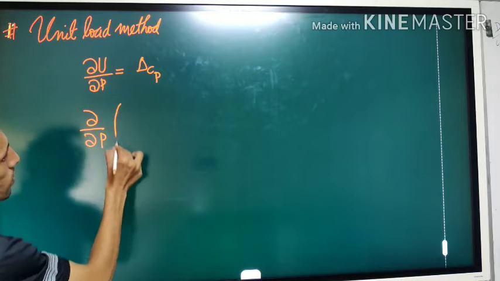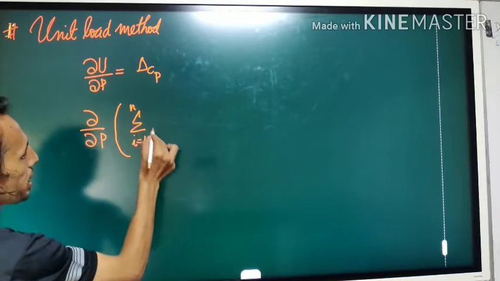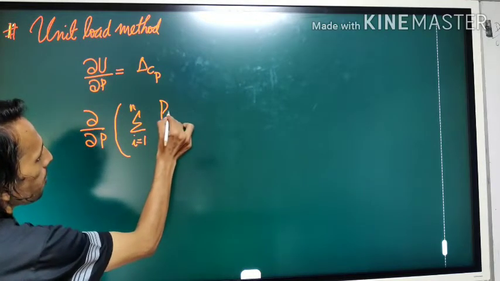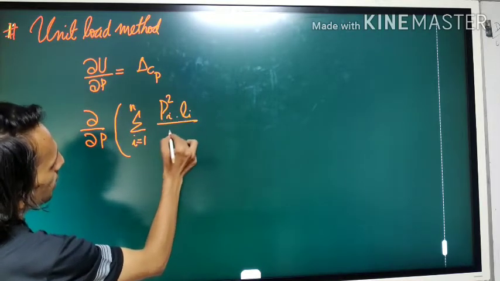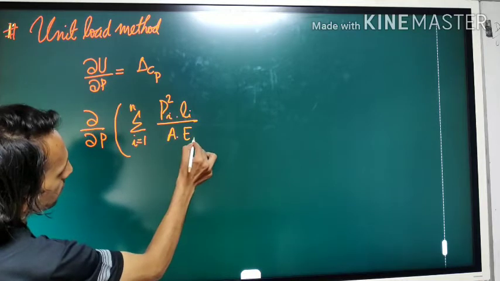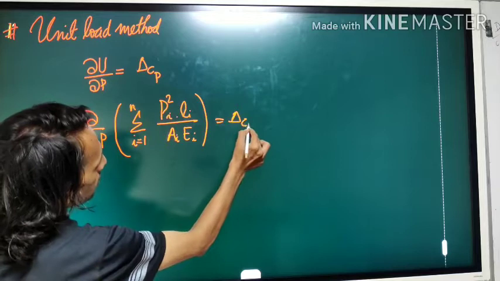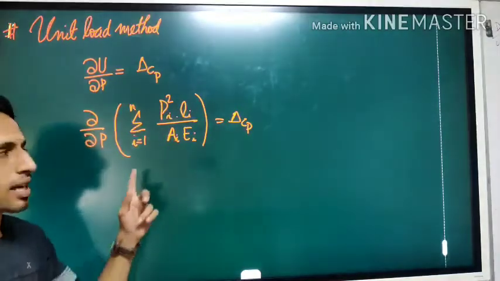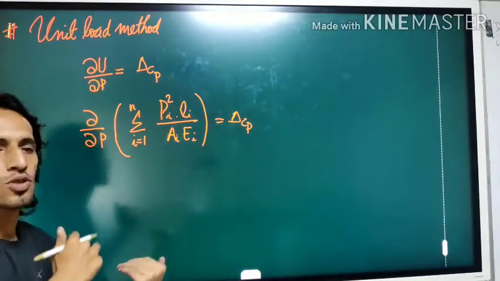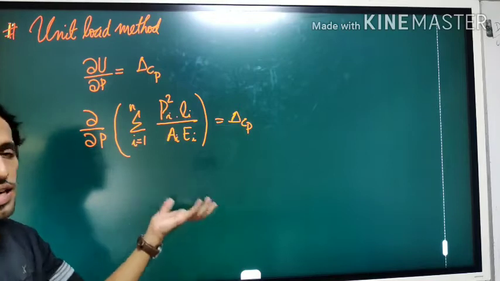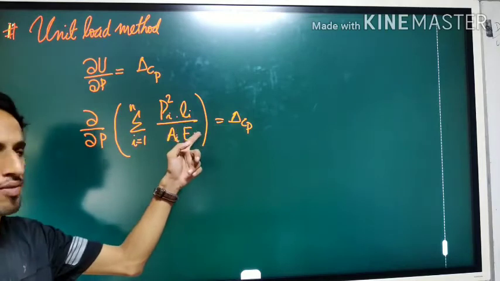What was U? U was the summation for i from 1 to n of Pi squared Li divided by 2 Ai Ei. This was the basic fundamental formula for the calculation of deflection.